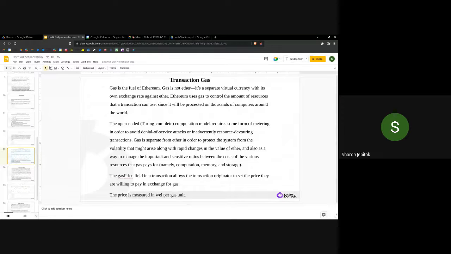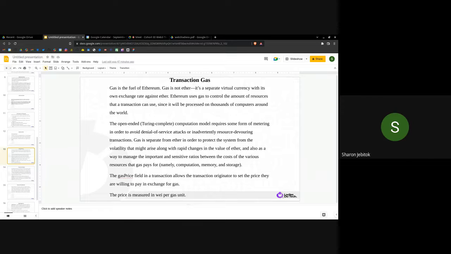The reason why we have the gas for the transactions is a way of managing the things that make up the Ethereum blockchain, or how these transactions are undertaken.